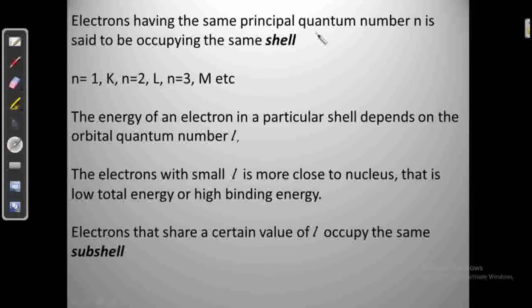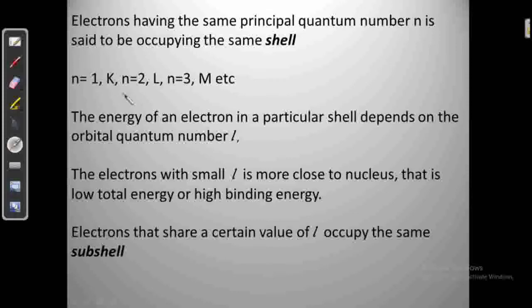These electrons are occupying the same shell. When n equals 1, it is known as the K shell. When n equals 2, it is the L shell. n equals 3, M, n equals 4, N, etc. So if two electrons have the same n equal to 1, then we can say the electrons are occupied in the K shell.